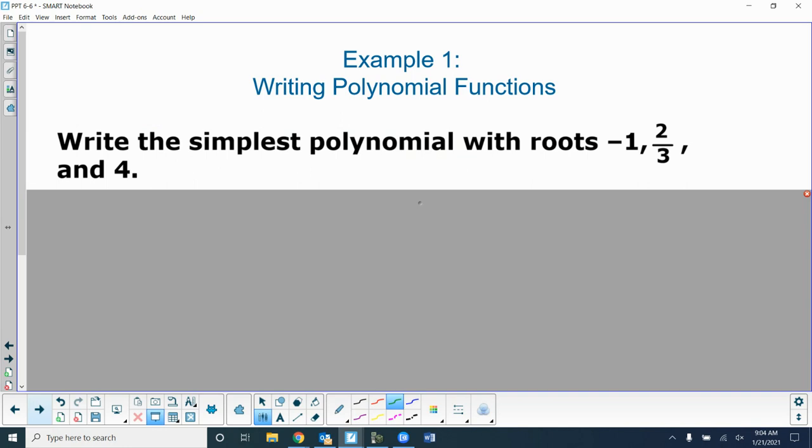Okay, so you're given the zeros, the roots. They want you to go backwards to find the polynomial that goes with it. We've done this before already. How do I always start the factor?